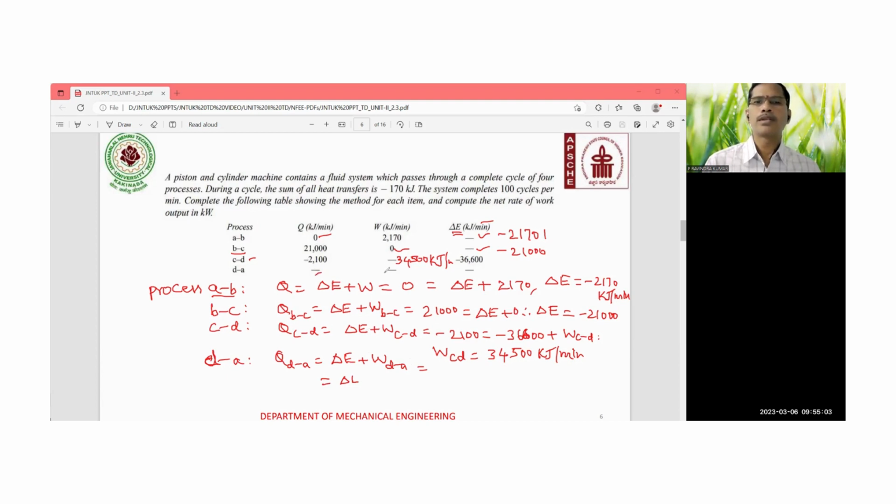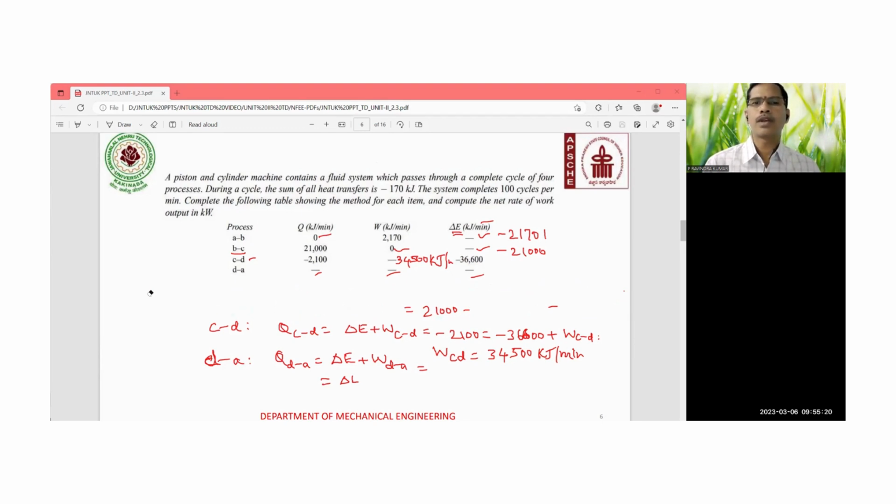So all these cells are empty. Then how are you going to treat that? In this particular task, according to the first law of thermodynamics, the cyclic integral of heat transfer is equal to the cyclic integral of work transfer.